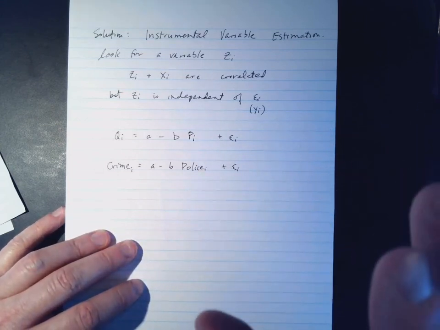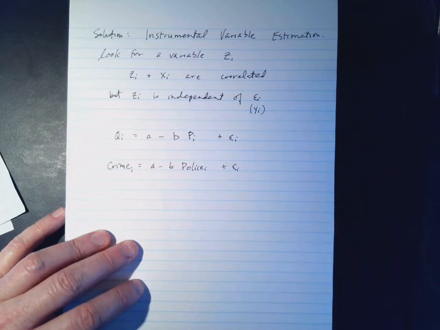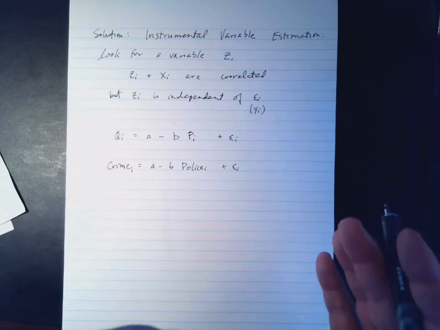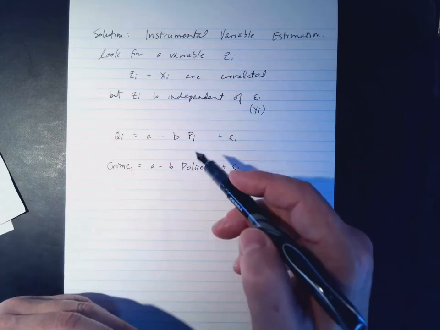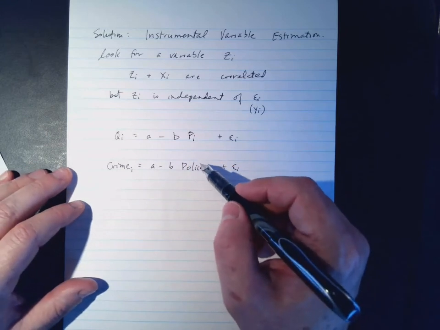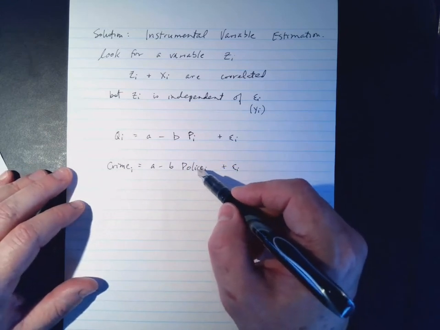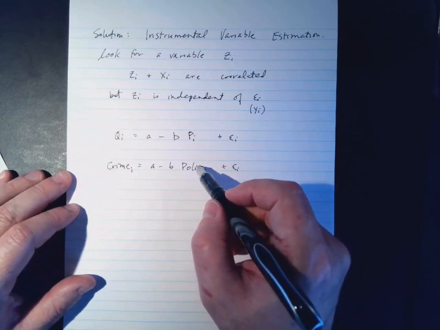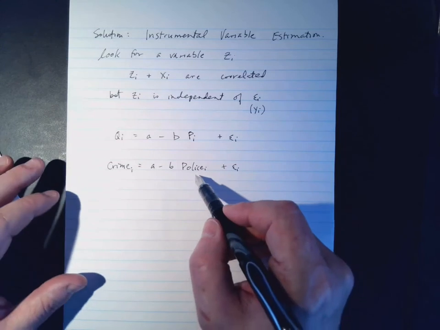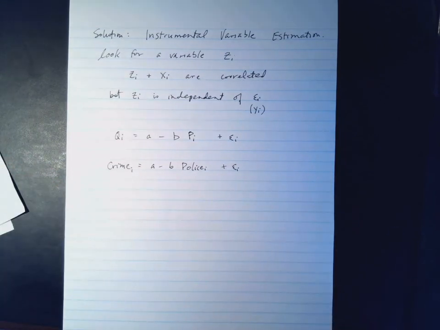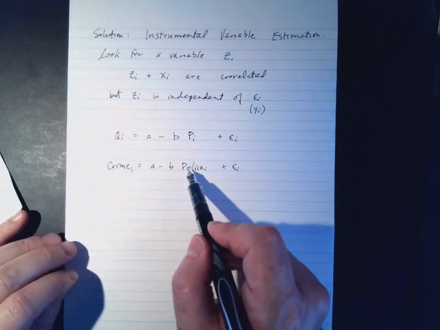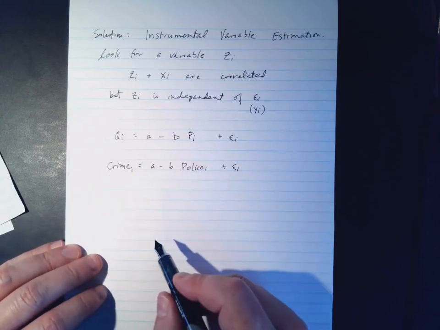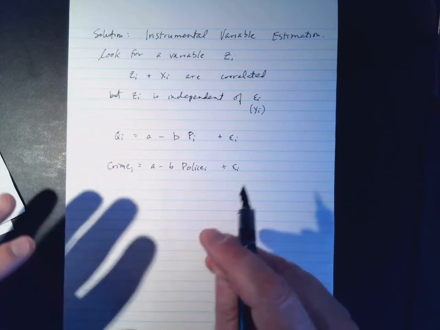Those are sometimes called natural experiments in economics literature, where you have some outside event that induces a change in this variable, and then that means that you've now got some strictly exogenous change in the explanatory variable. And then if you look at the data before and after that program, that'll give you some information about how crime changed in response to policing, without the change in policing being dependent on the amount of crime.